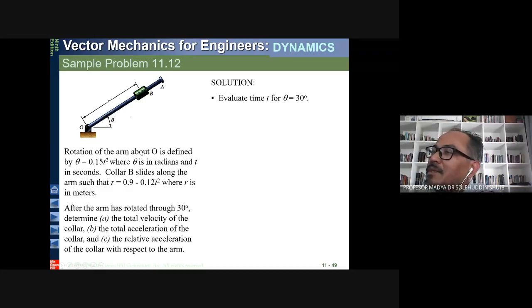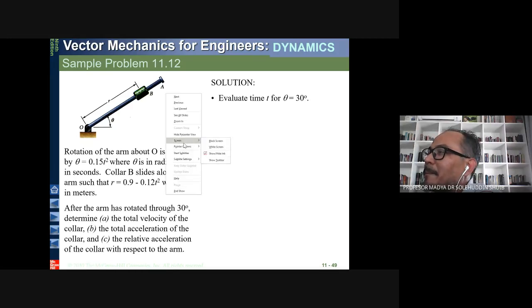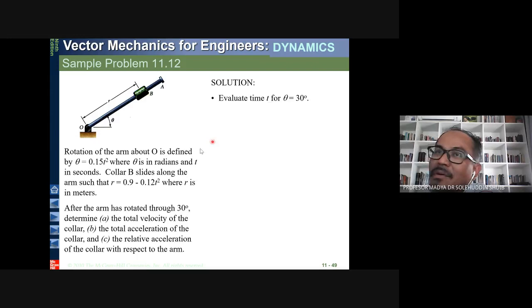First, evaluate t at theta equal to 30 degrees. The question asks what happens at 30 degrees, so we evaluate the time for theta equal to 30 degrees.